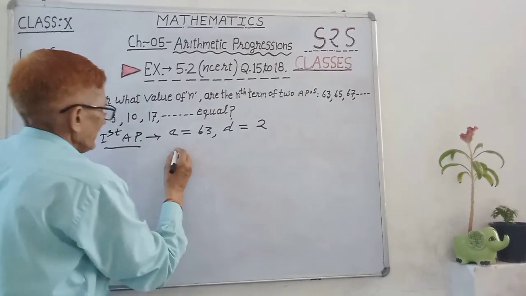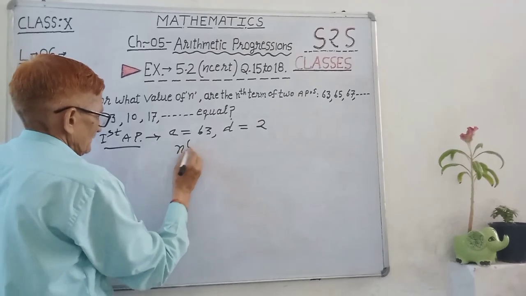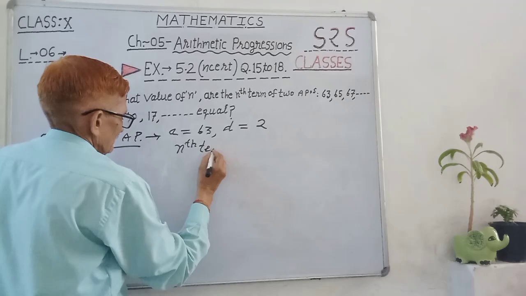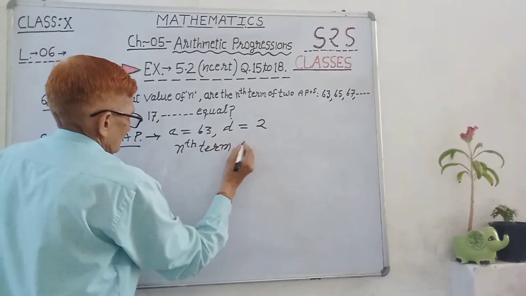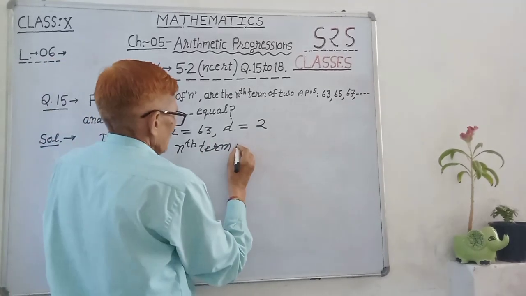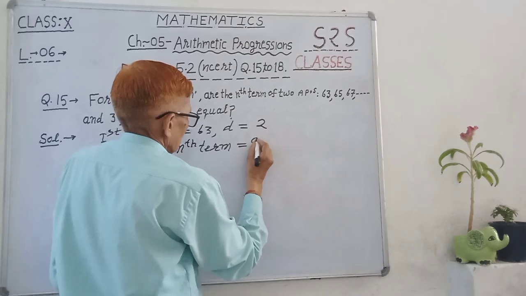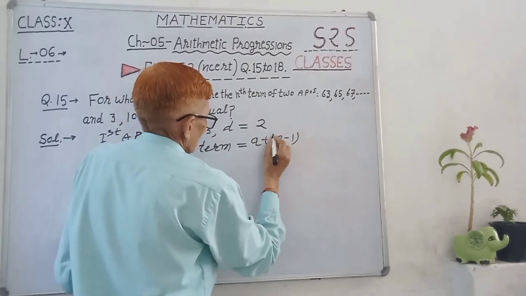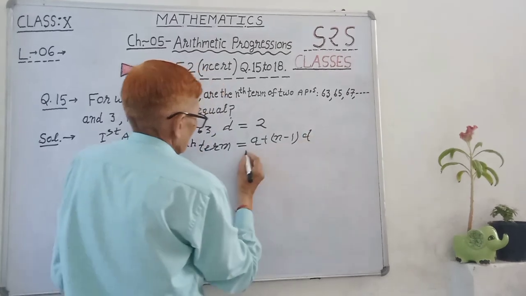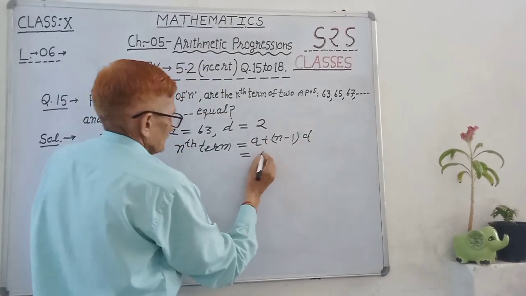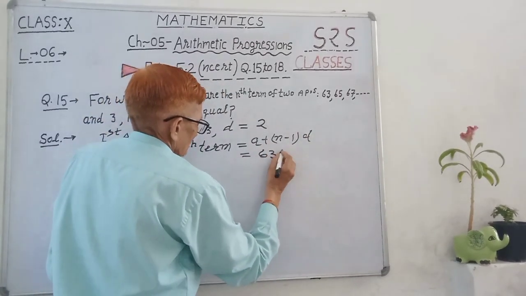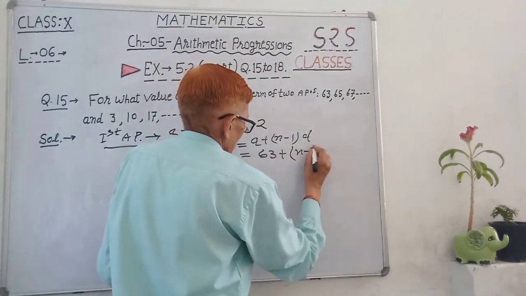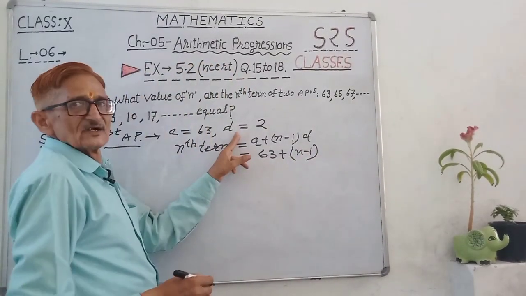Okay, so nth term is equal to A plus n minus 1 into D. Then what is A? 63 plus n minus 1 into D. What is D? 2.